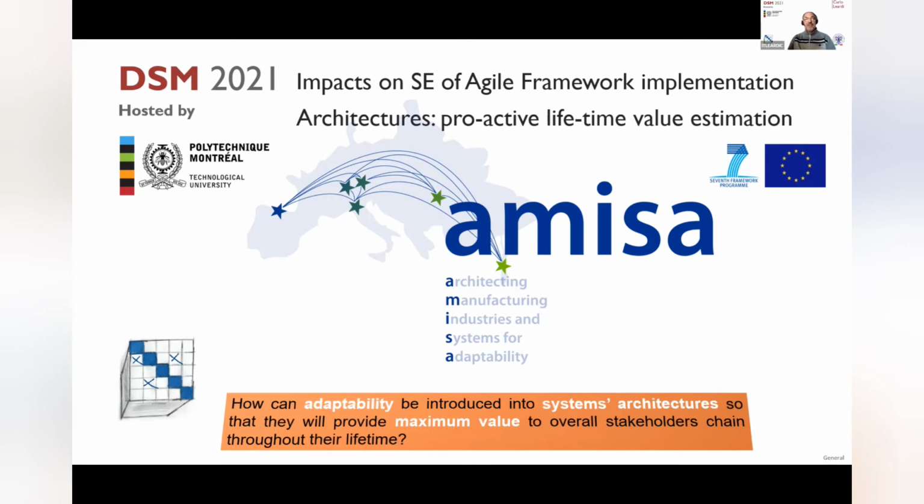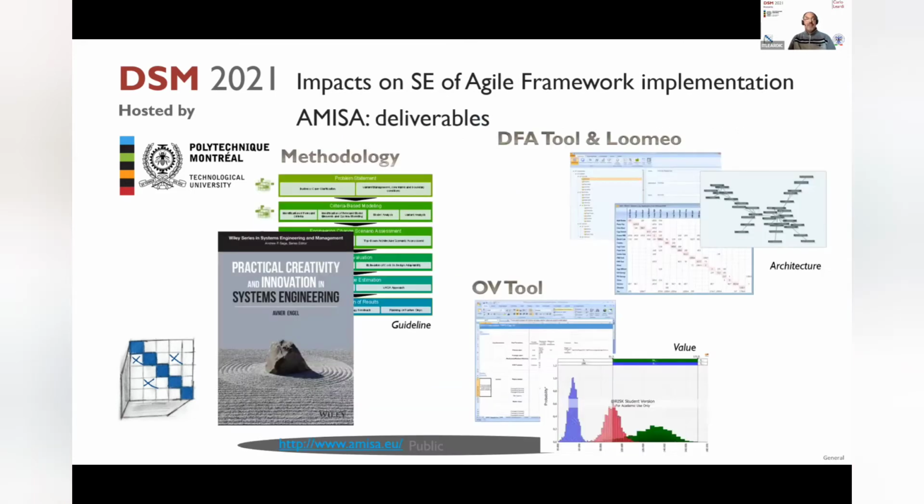So why not reuse some of the concepts of AMISA, which developed a lot of methodologies, different tools, etc.? So I reused part of it, and also one book, very well written by our coordinator Hafner Hengel, who did a great job to condense this work.